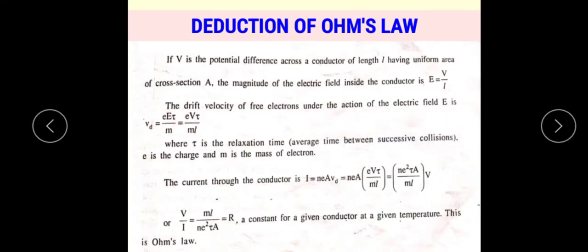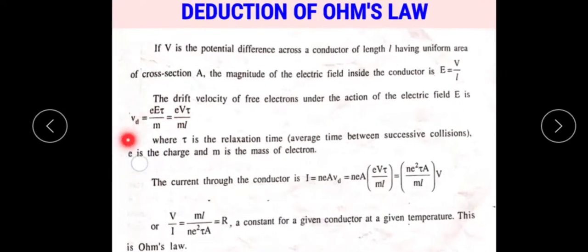The drift velocity of the free electrons under the action of the electric field E is, we know the expression for drift velocity within the electric field, Vd equal to capital E small e tau divided by m. This is an expression for drift velocity.